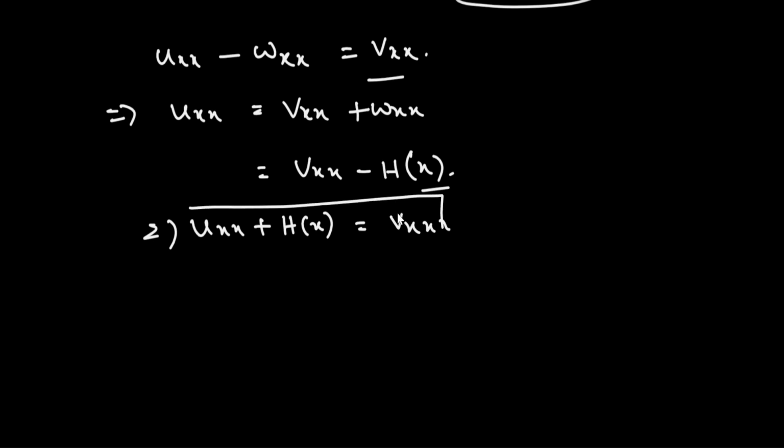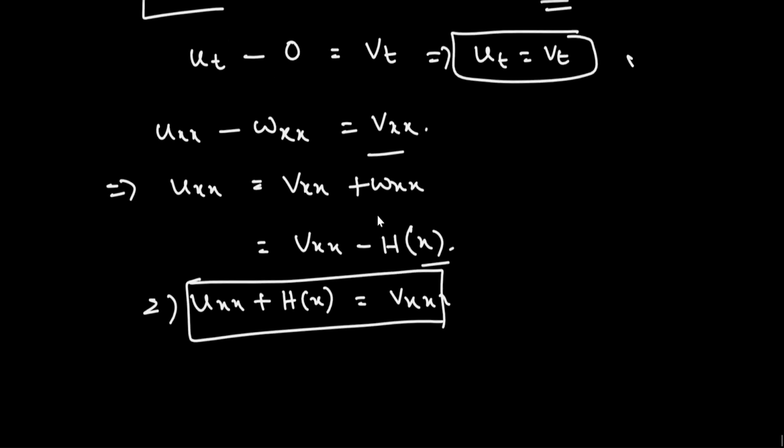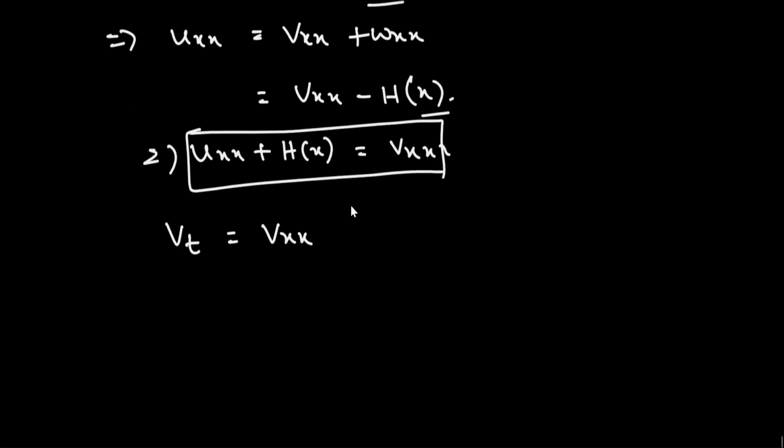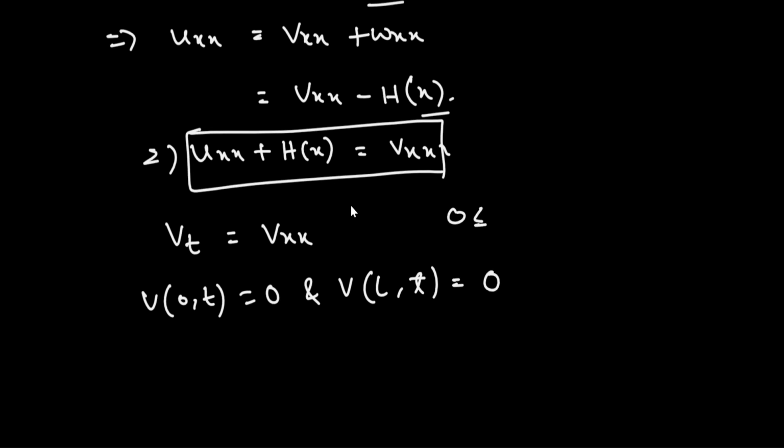So if we put these two, this and this, then we get v_t is equal to v_xx, and v(0,t) is equal to 0, and v(L,t) is equal to 0, for 0 less than or equal to x less than or equal to L, and t greater than 0.